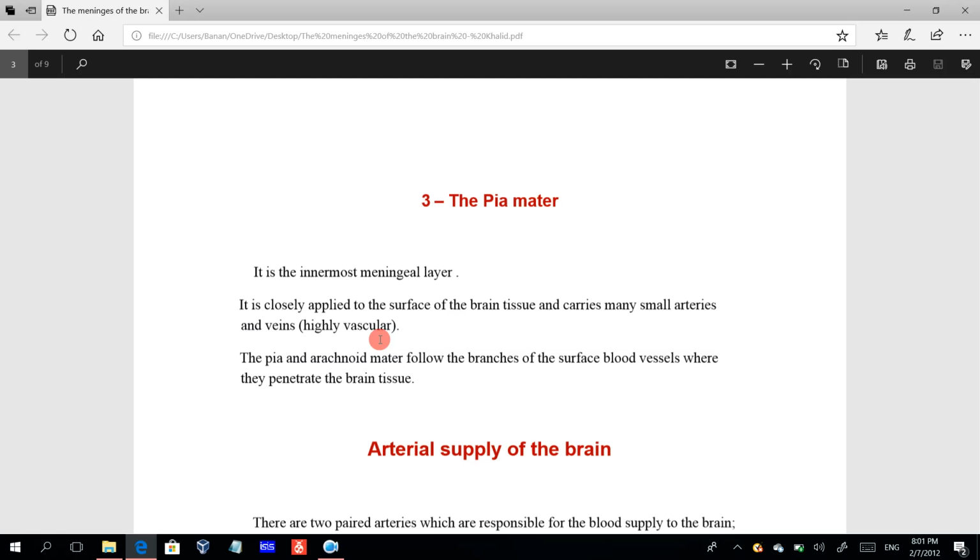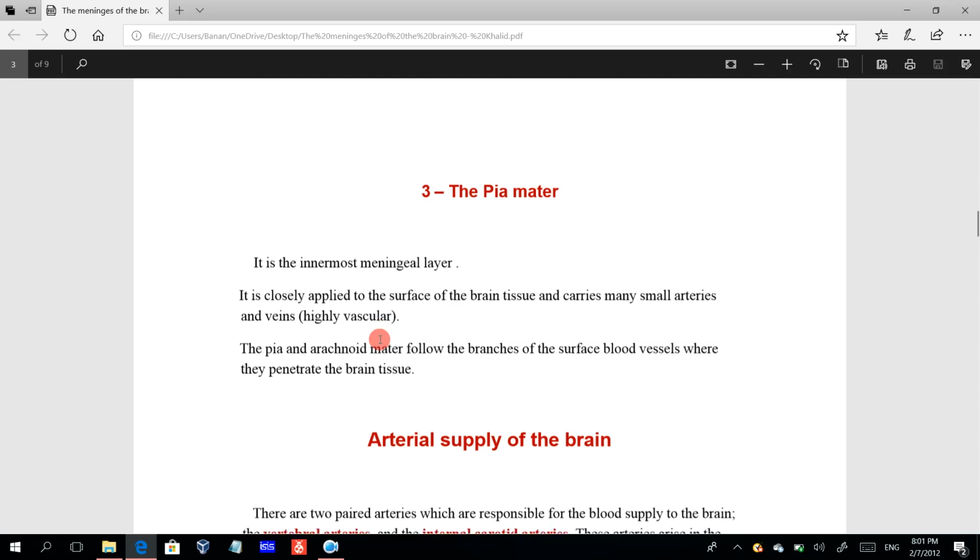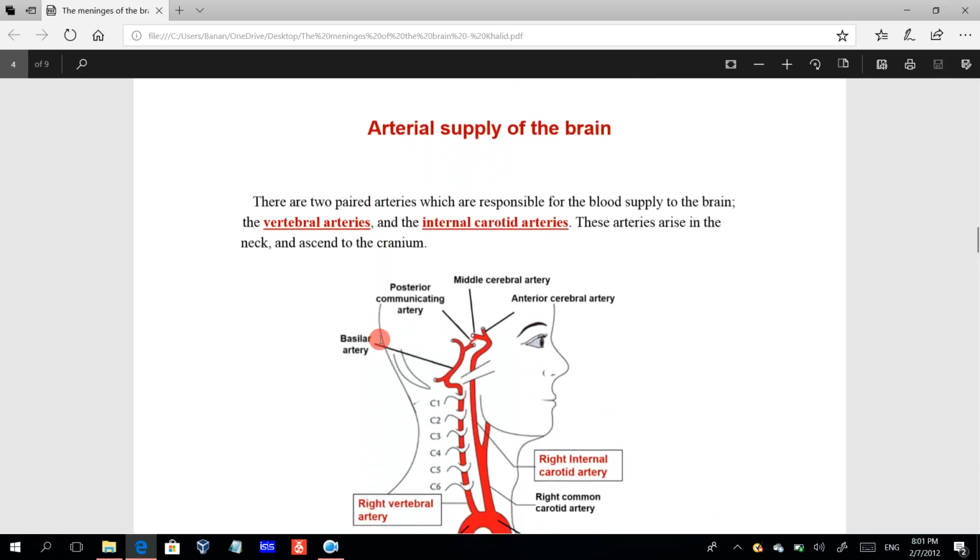Now we talk about the blood supply of the brain. There are two paired arteries responsible for the blood supply to the brain: first the vertebral arteries and the internal carotid arteries. These arteries arise in the neck and ascend to the cranium.